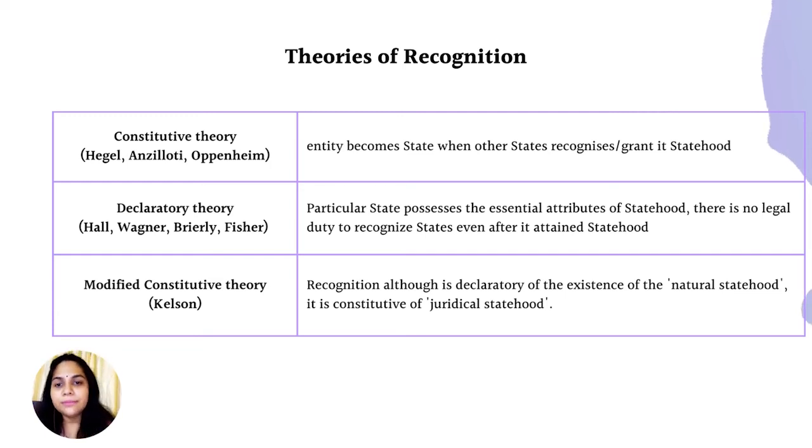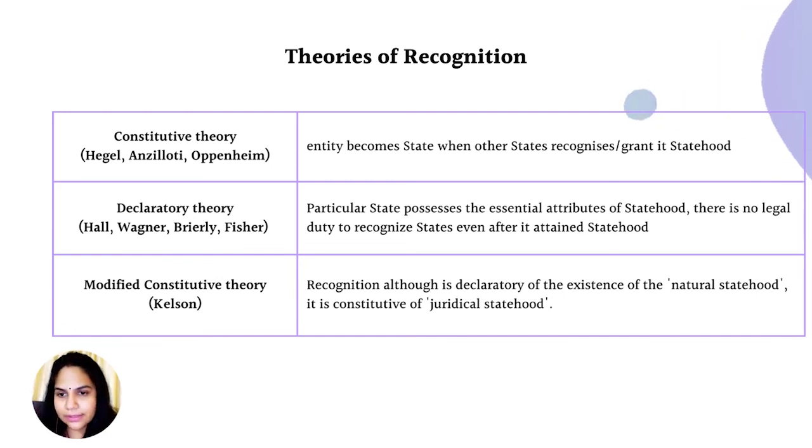So it is completely contradictory to the constitutive theory, wherein other states are required to recognize that particular entity as a state. But under the declaratory theory, if an entity has already acquired the attributes of statehood, it will be declared a state. Now the last theory is the modified constitutive theory, which was propounded by Kelsen.